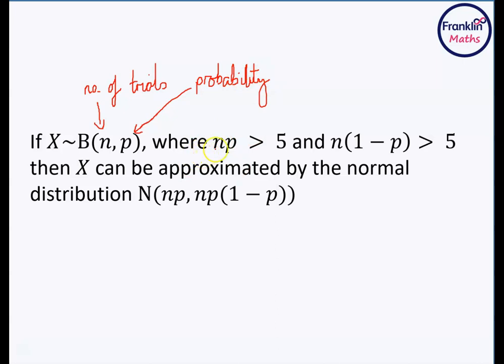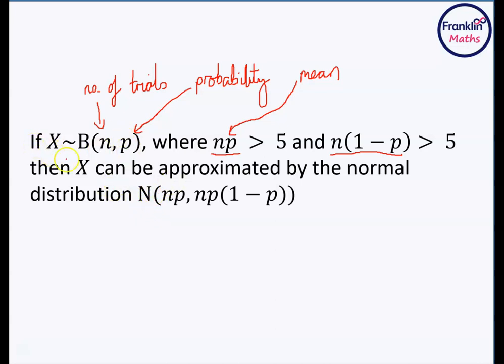As long as n multiplied by p is greater than 5, and remember from the first year, that is the mean of a binomial, and n(1 minus p) is also greater than 5. Remember, 1 minus p would be failure in this case. When I did A-level maths, I used q as 1 minus p. You can use that if you want to. So if we've got those conditions, we can then make a normal distribution.